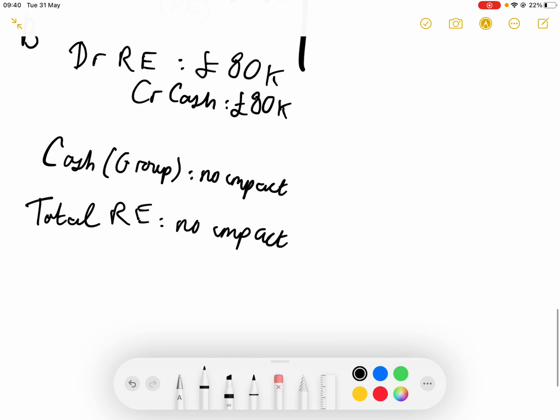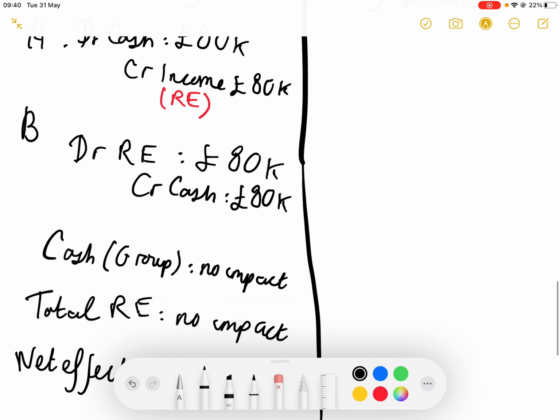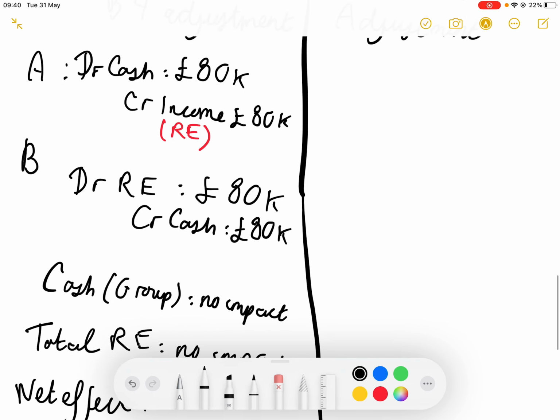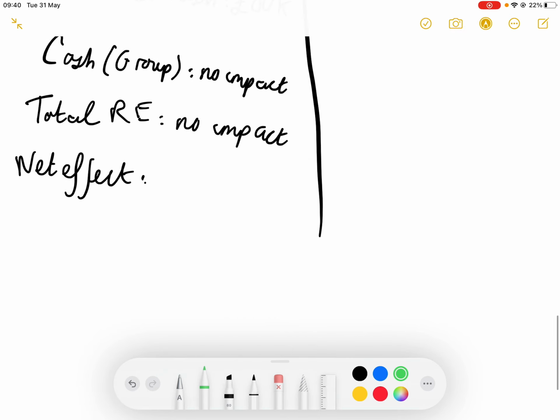So the overall entries, what's actually happening, the net effect is cash is staying the same, but what we're actually doing is we're debiting retained earnings of 80k, and we're crediting income, 80k.